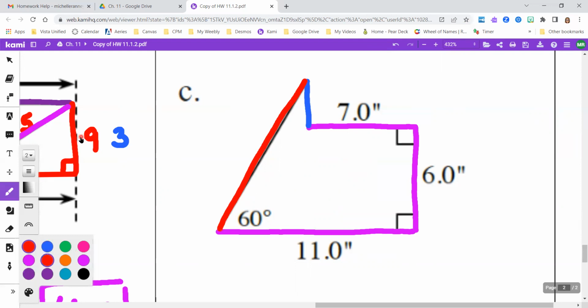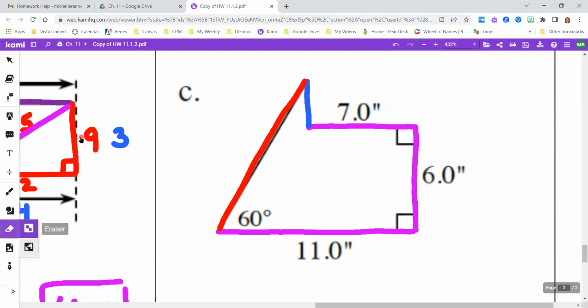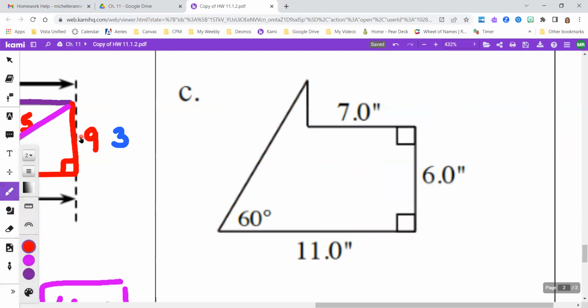I know that since this right here is 7, and I know that this whole thing is 11, if I was to split this, let me split it in maybe a black, I know that this piece here has to be 7, which means the rest of that 11 is a 4.